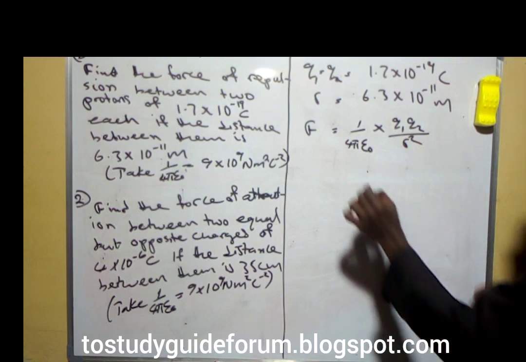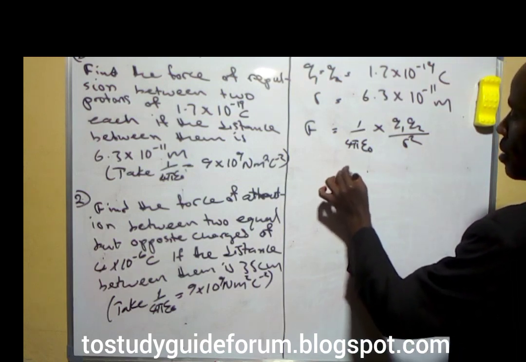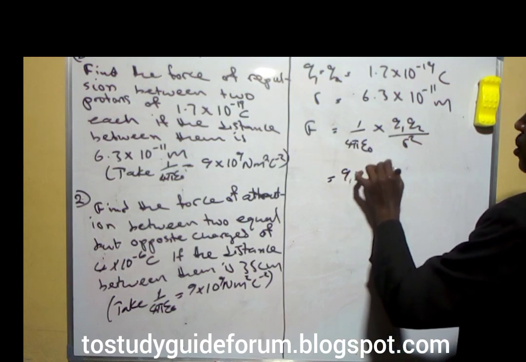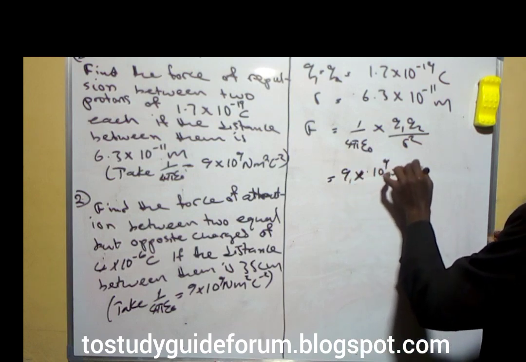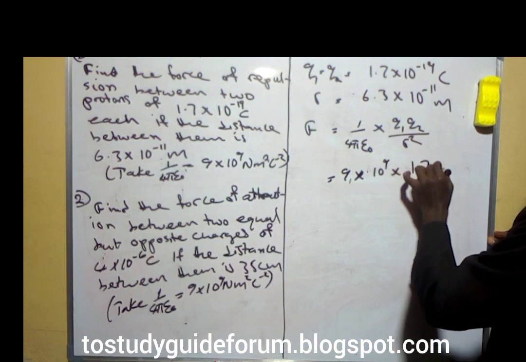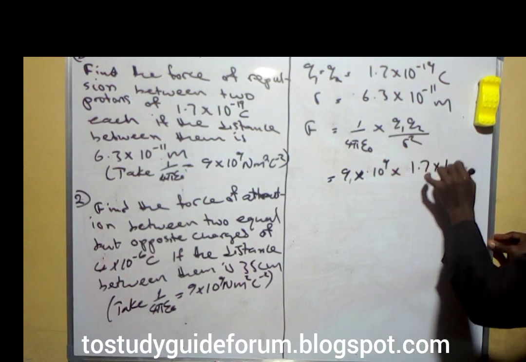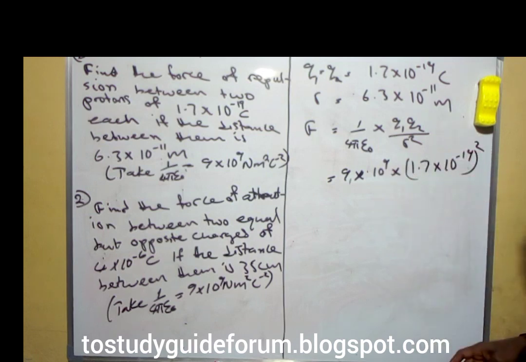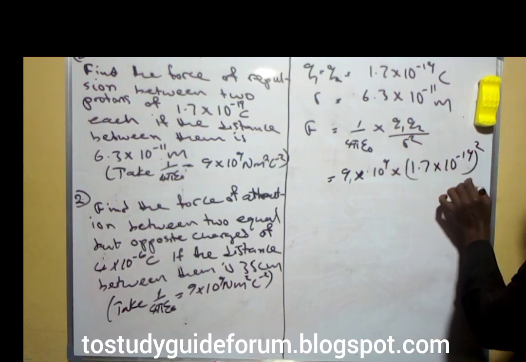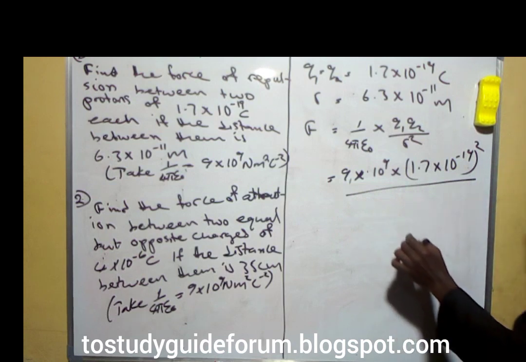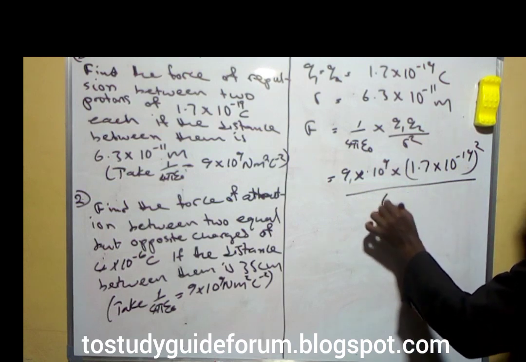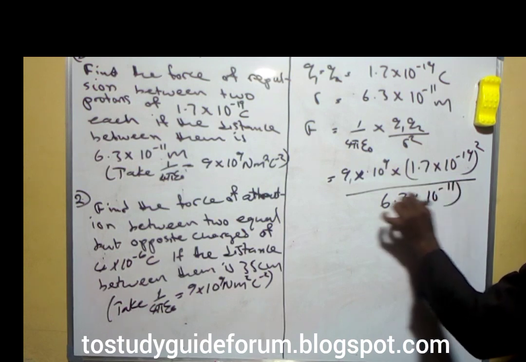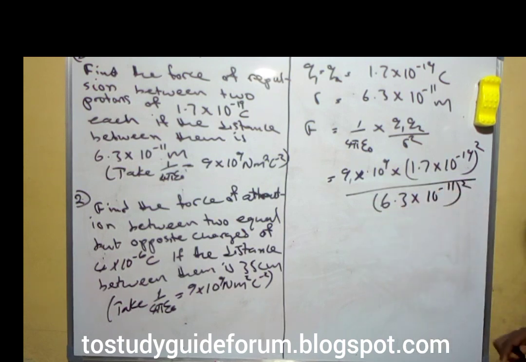And we know that we can get the force by the formula, so then we can say this is 9 times 10 to the power 9 times Q1 Q2 over r squared, all over the distance all squared.